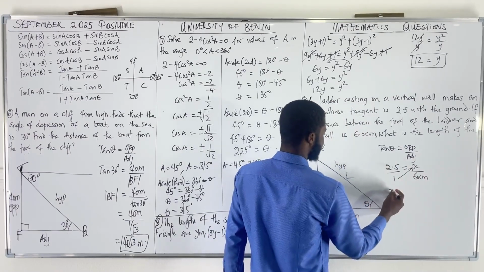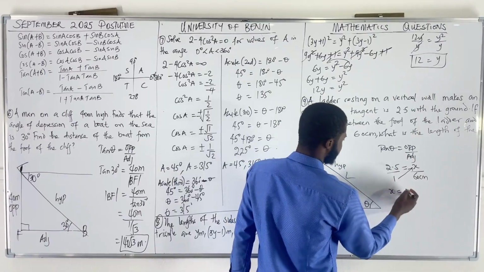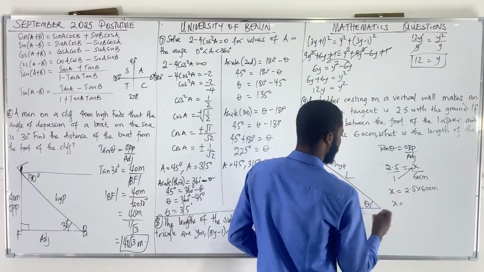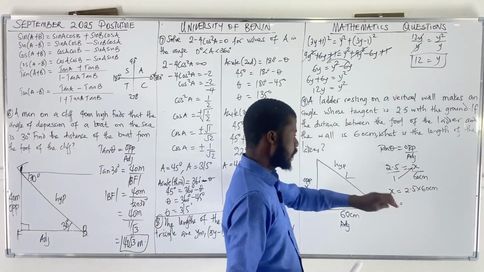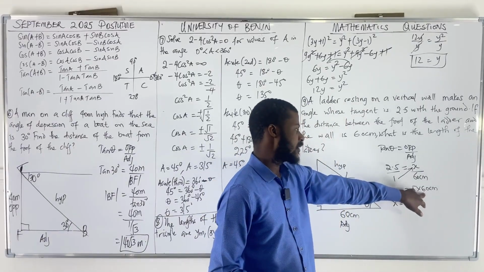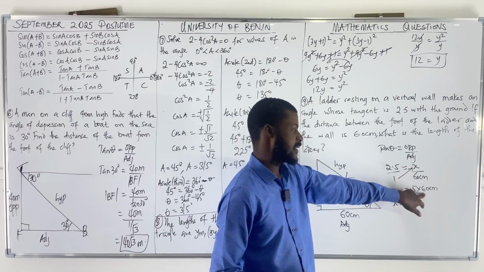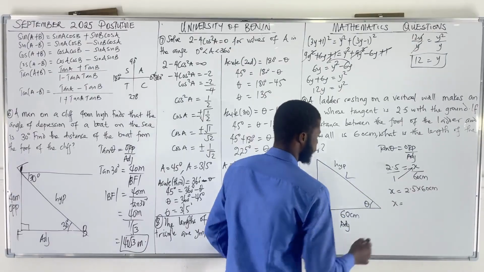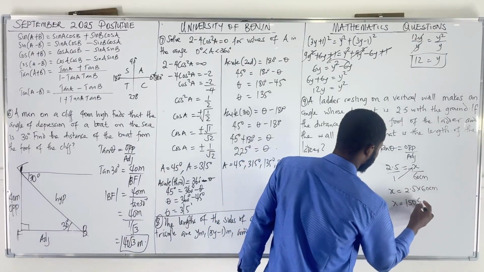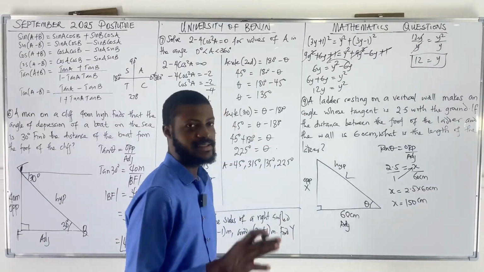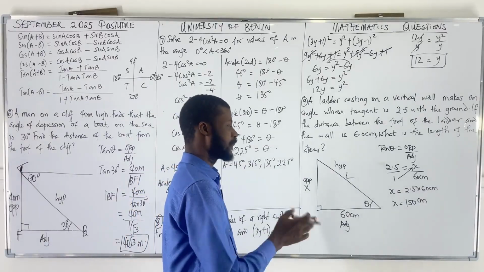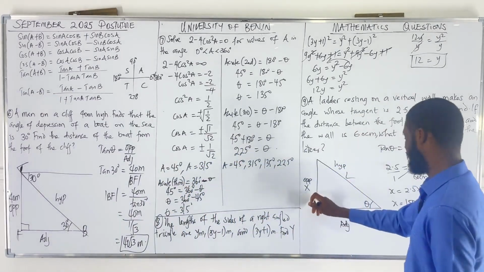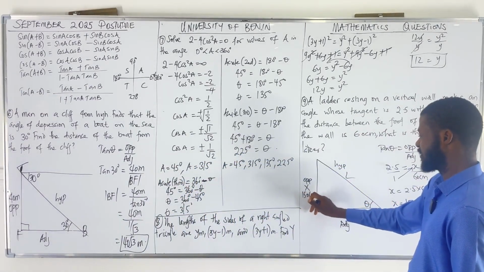This will times x, then 2.5 will times 60. So x will then become 2 times 60 is 120. Then half of 60 is 30. So this will be 150 centimeter. Like I said, this is actually very funny. So this part now is 150 centimeter.